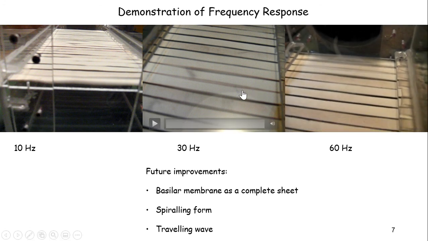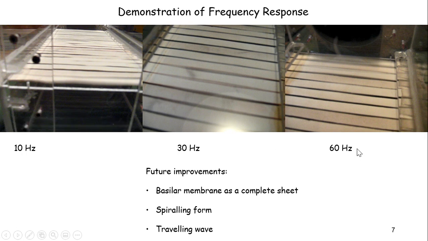So this is what happens in nature. So now tension may be varied so that one can adjust the resonance frequency at different values, and one can also make this basilar membrane longer, so you cover a longer frequency range.